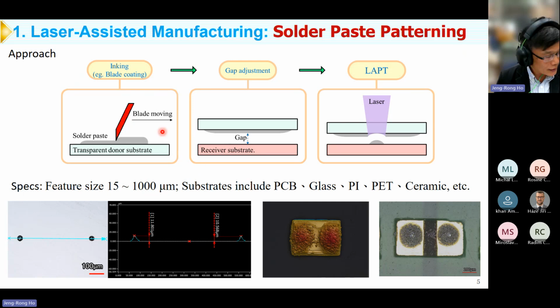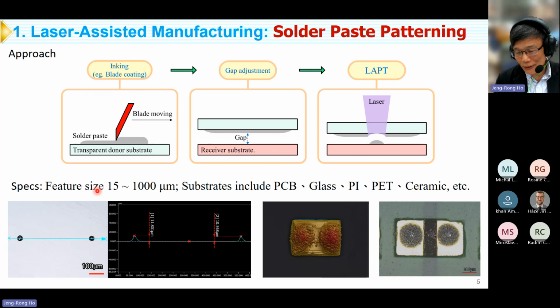So these are the quick steps. The first one is spreading, for example, solder paste on a transparent donor substrate, such as glass, and then we adjust the gap between the donor and the receiver, then use laser to transfer the pattern on the substrate.